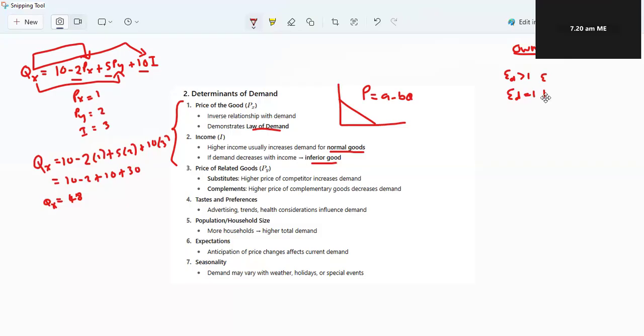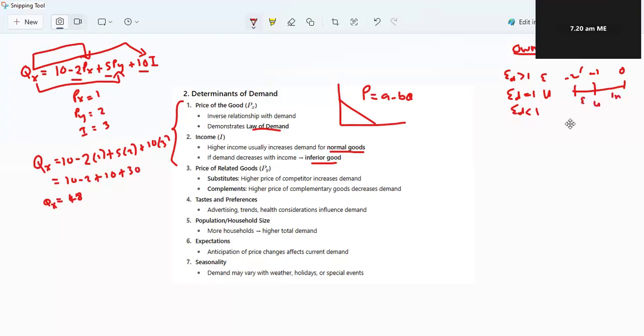If it's less than 1, then elasticity is what? Inelastic. So I usually use the number line here. Because elasticity is negative, I'm just dealing with the negative part: 0, -1, -2. So this is inelastic, unit elastic, and elastic.